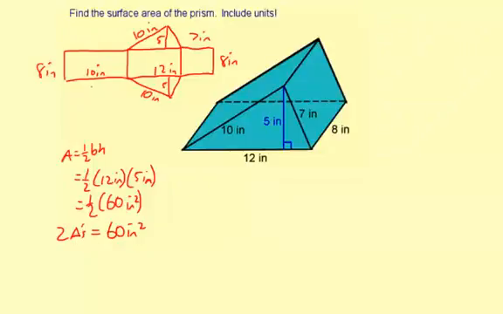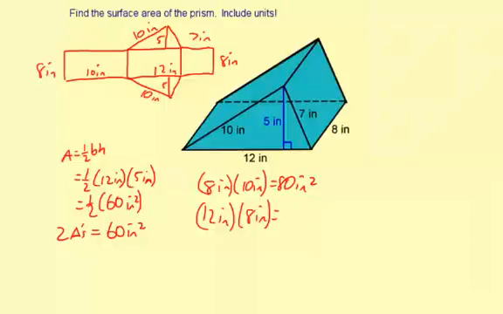Now each rectangle, we have 8 by 10, which is 80 inches squared. And then we have a 12 by 8, and 8 times 12 is 96, so 96 square inches for that.